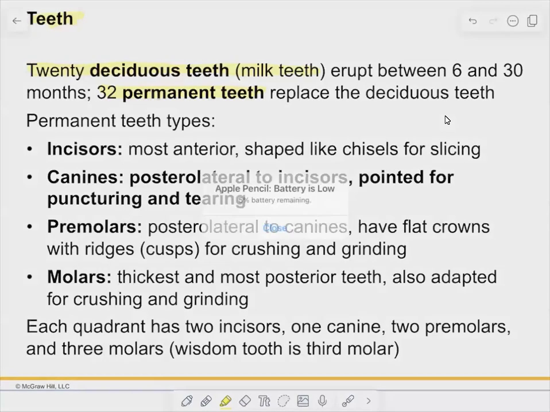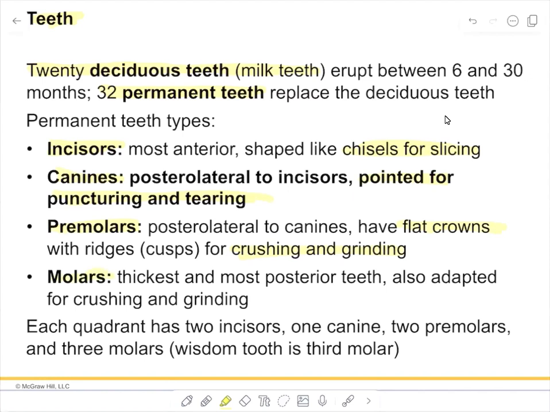There's not a whole lot you need to know about teeth, but you do need to know that the incisors are the most anterior, and they're shaped like chisels for slicing. Canines are just posterior, lateral to that, and they're pointed for puncturing and tearing. Premolars are behind those, and they have flat crowns for crushing and grinding, which are just like molars.